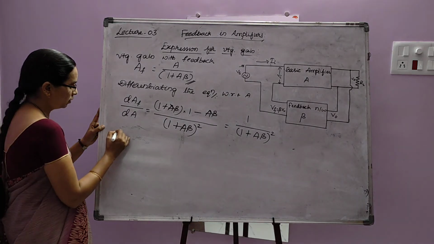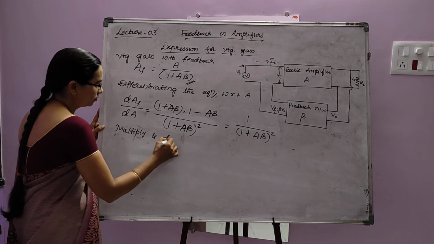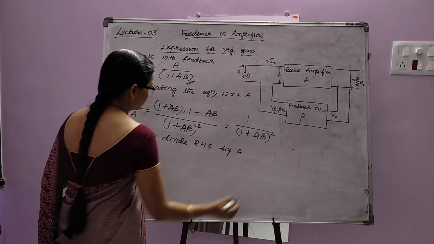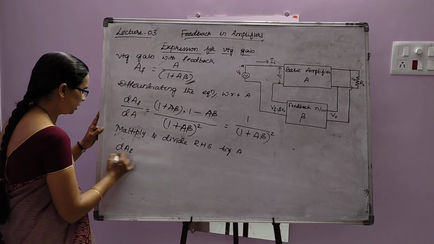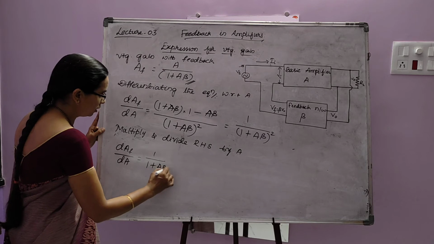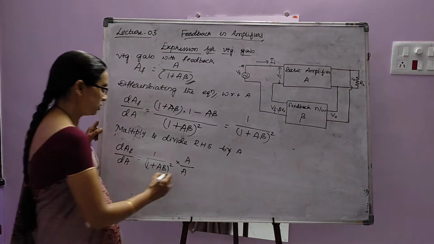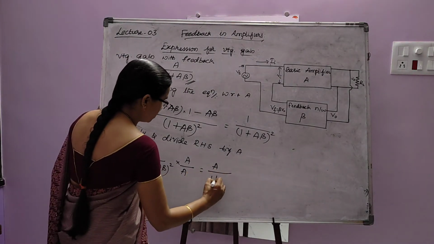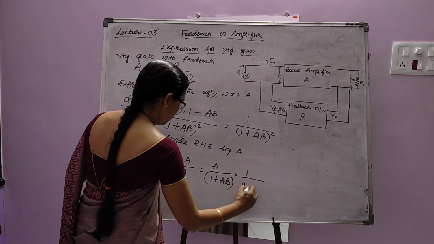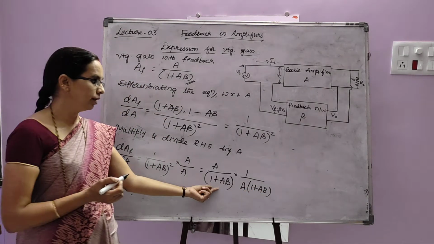If I multiply and divide the right hand side by A, what happens? dAF by dA is equal to 1 by 1 plus A beta whole square into A by A. This will not change the expression. So A by 1 plus A beta into 1 by A into 1 plus A beta. The same equation can be written like this.